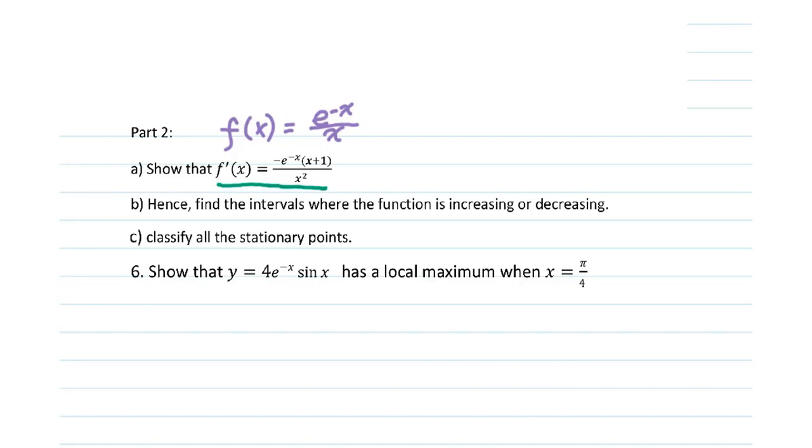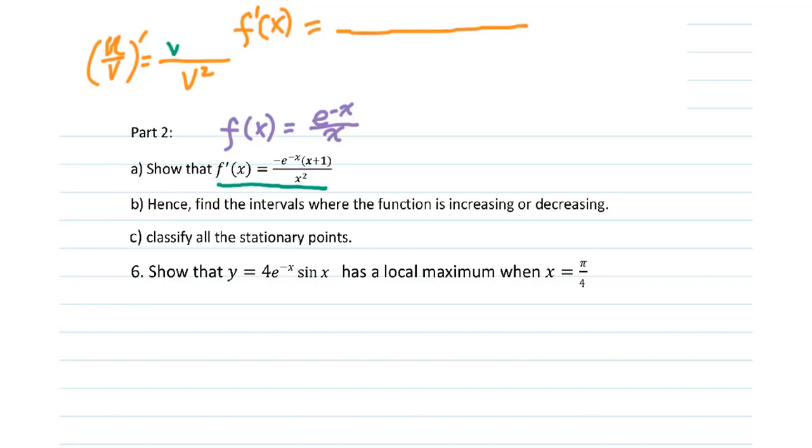Therefore, for f prime of x, using the quotient rule, you have u over v, and the derivative equals v squared in the denominator, with vu prime minus v prime u on top.